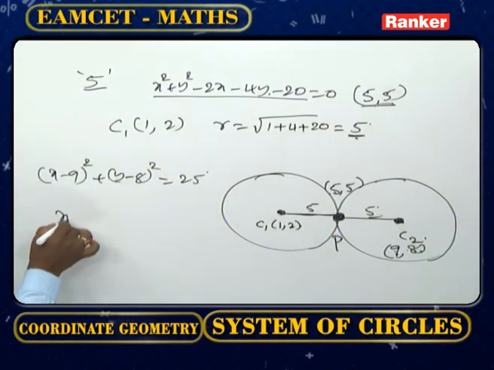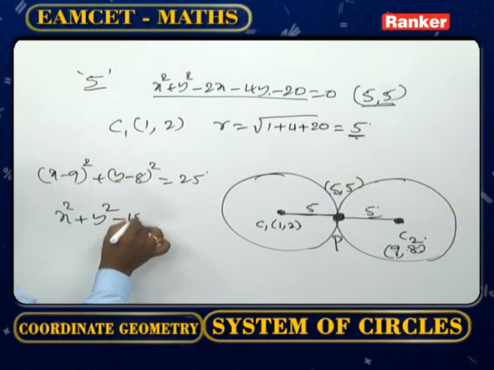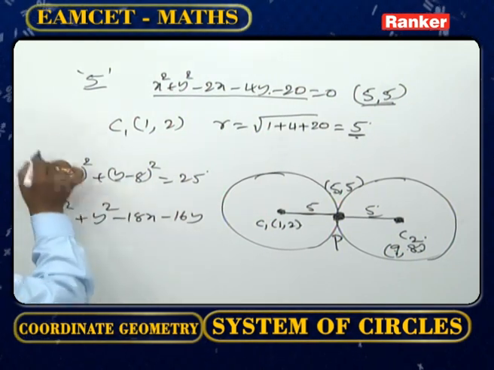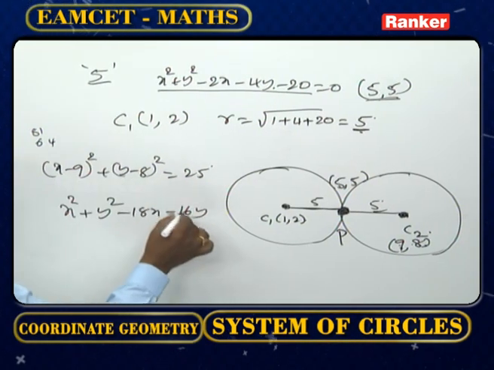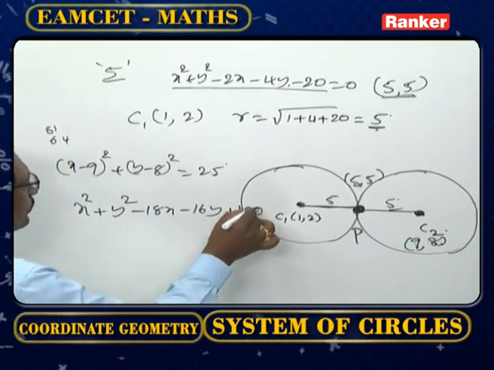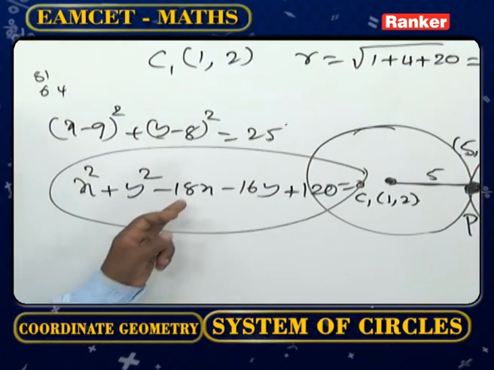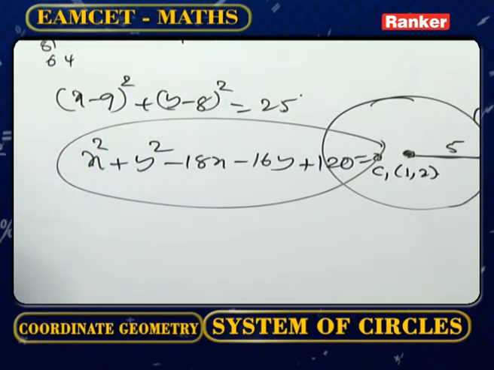Now further simplifying, we get x square plus y square minus 18x minus 16y plus 81 plus 64 minus 25, that is plus 120, equals 0. The equation of the required circle is x square plus y square minus 18x minus 16y plus 120 equals 0, first option.